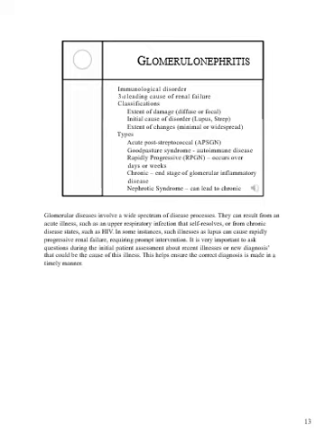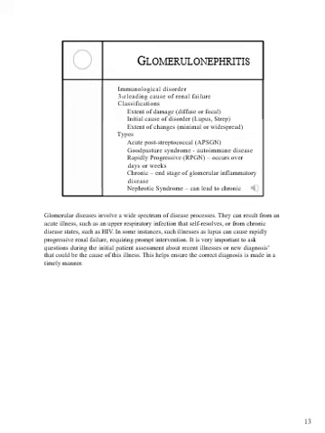Glomerular diseases involve a wide spectrum of disease processes. They can result from an acute illness, such as an upper respiratory infection that self-resolves, or from chronic disease states such as HIV.